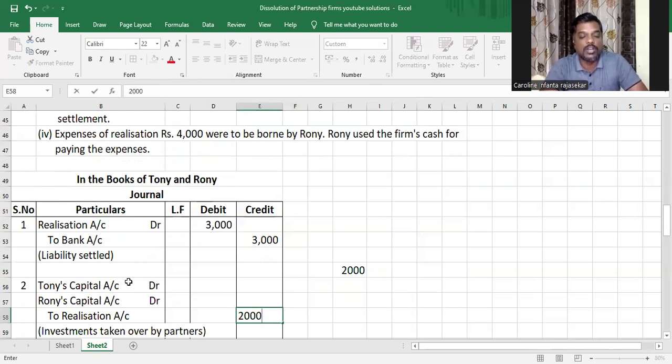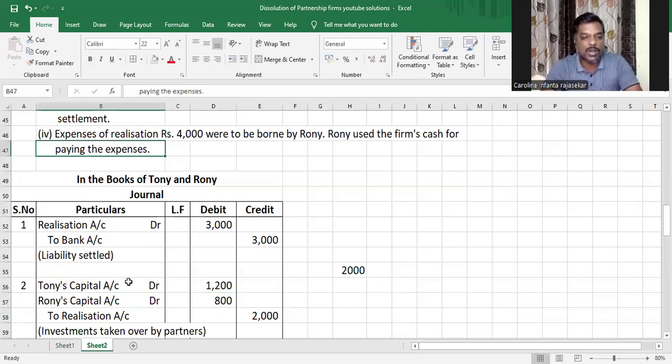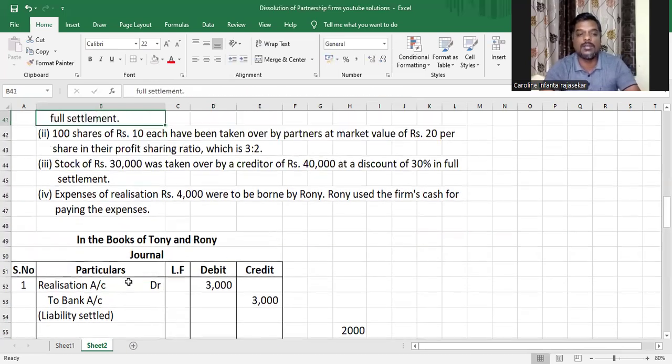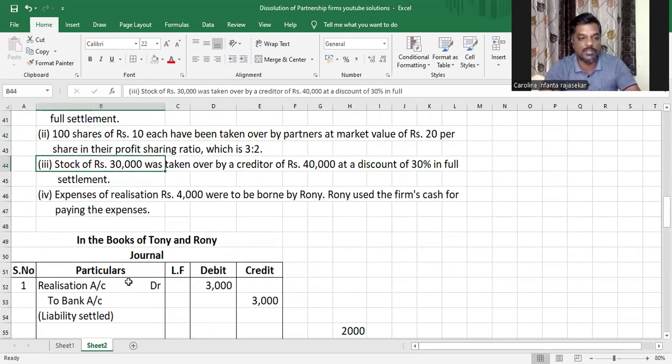So I'll write it to realization account. And this has been taken over by Tony and Rony in what ratio? In their profit sharing ratio, which happens to be 3:2 from the question. So 2,000 into 3 by 5 and 2,000 into 2 by 5. Understood or not, my dear children? That's it. You just have to understand what is actually happening and then pass a journal entry and then calculate the numbers after that.